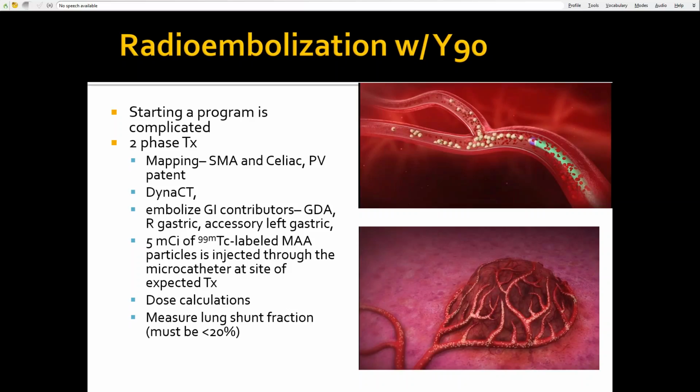And one of the main things we look at is are there any GI contributors that are nearby where you want to be treating? Because one of the main things you have to avoid when doing radioembolization is any backflow of these particles into any branches that would feed the GI tract, because that's known to cause ulcers.